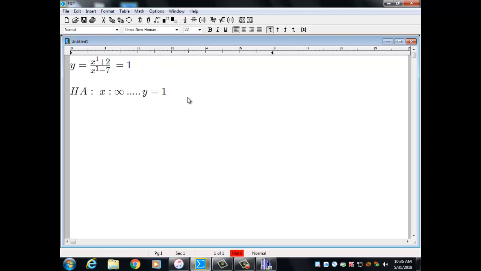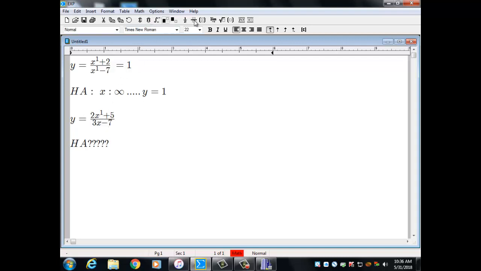And so, if I have a problem where I say 2x plus 5 over 3x minus 7, and I want to know what the horizontal asymptote is, the thing I must look at is the exponents.